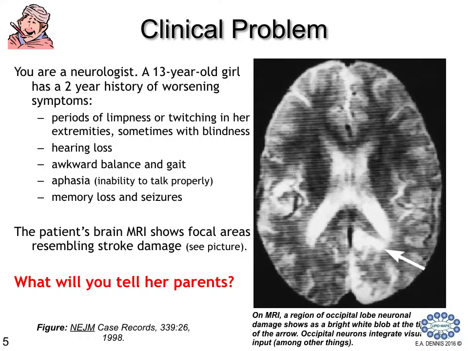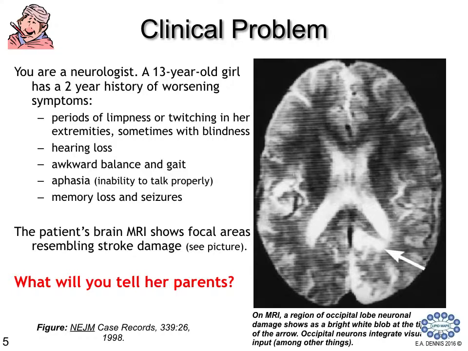I want to start this lecture with a clinical problem. You are a neurologist, and you are asked to see a 13-year-old girl who has a 2-year history of a variety of symptoms, including periods of limpness or twitching in her extremities, sometimes with blindness, hearing loss, an awkward balance and gait, aphasia, and memory loss and seizures.